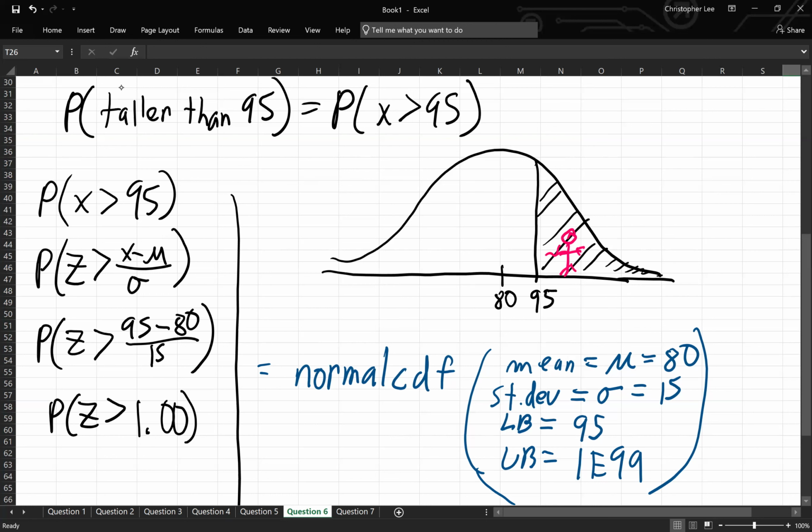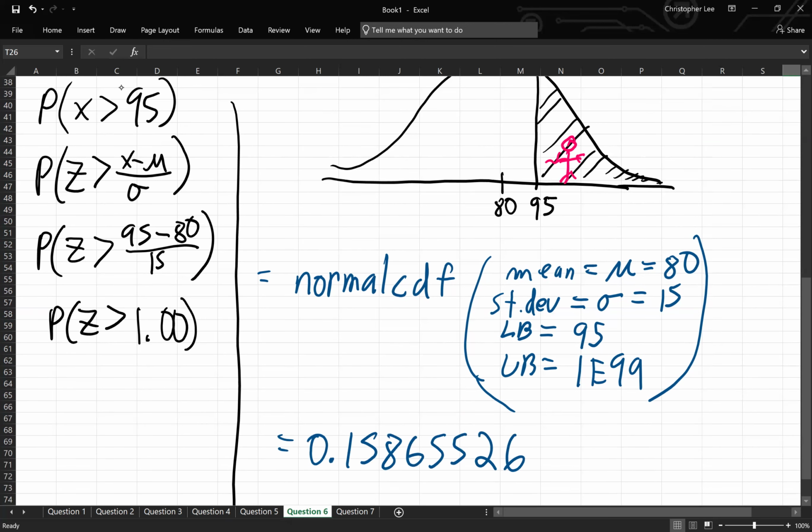We only have probabilities for less than. So what you have to do here is the complement of it. The complement is 1 minus the probability of Z less than 1.00. This you can look up on the formula sheet. What's 1.00 in the formula sheet?